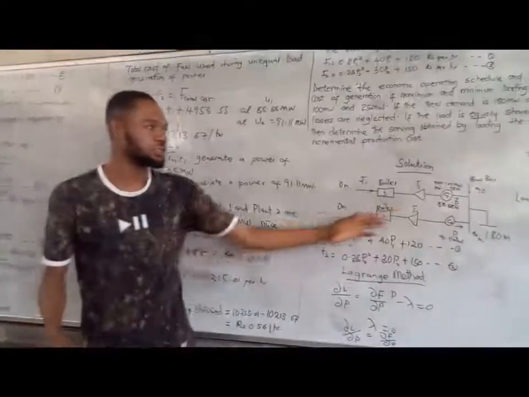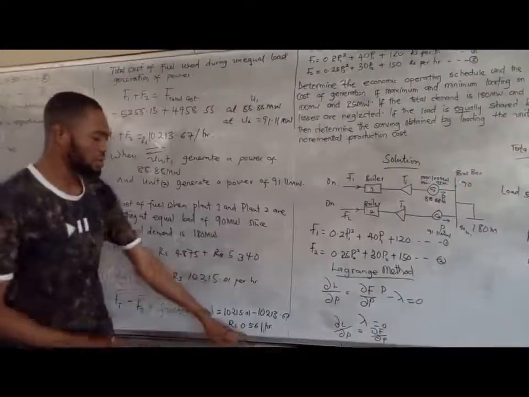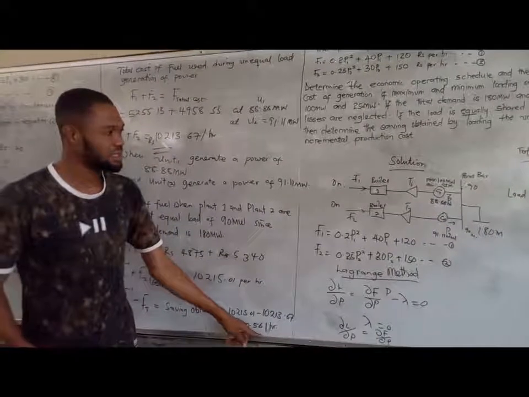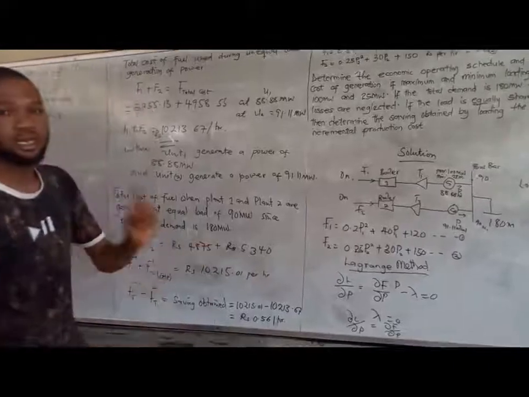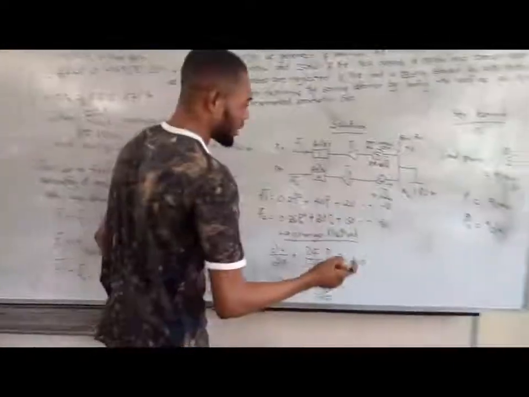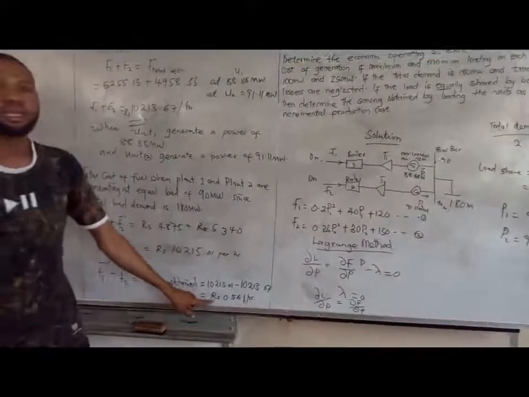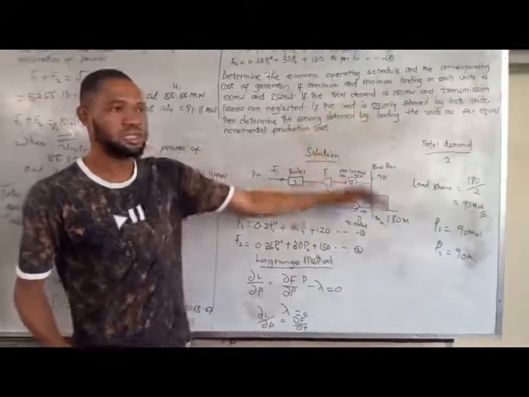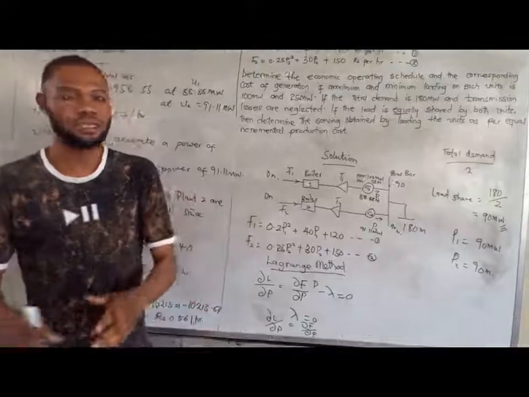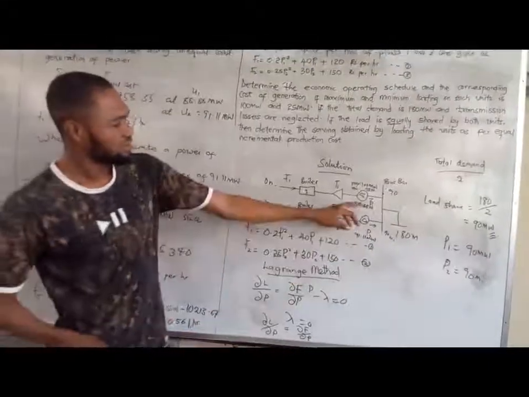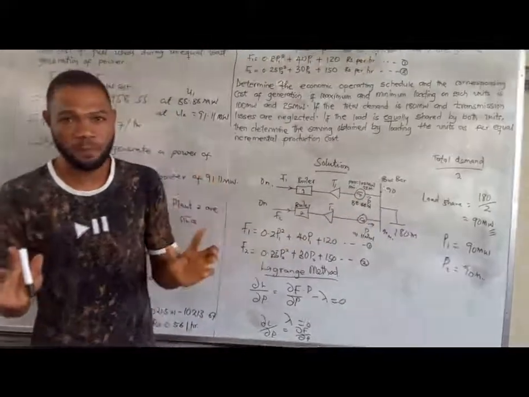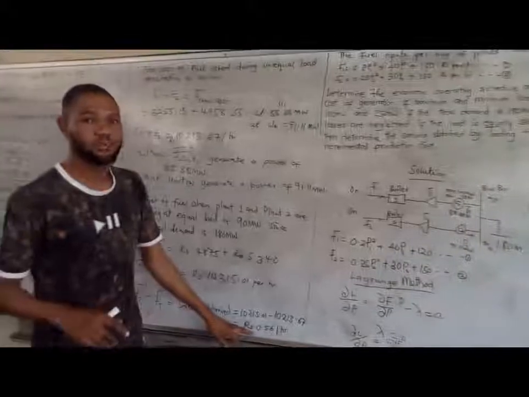If you are generating this for a year, then you multiply this by 12, that is 12 months make a year. So if this is a daily save, then how many days make a year? We multiply that number of days by this amount of money. And it will tell you that economically, if you want to operate thermal generators, depending on the load demand, you either choose to share the load equally among the two generation units, and then you operate to save more money.